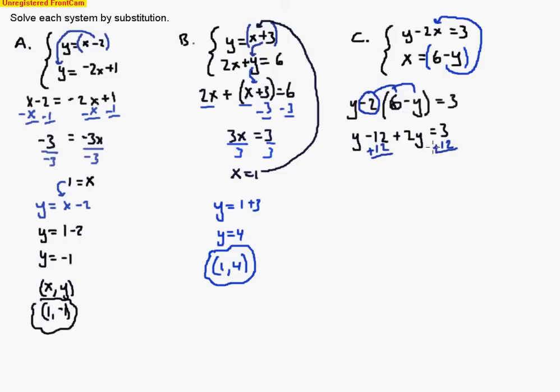I'm also going to collect some like terms, the 2y and the 1y. And so what I've got all together is 3y equals 15. So one final step there, at least to solve for y, and that is to divide by 3. So now we have y equals 5.